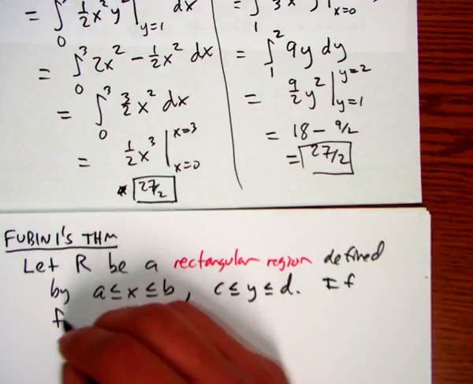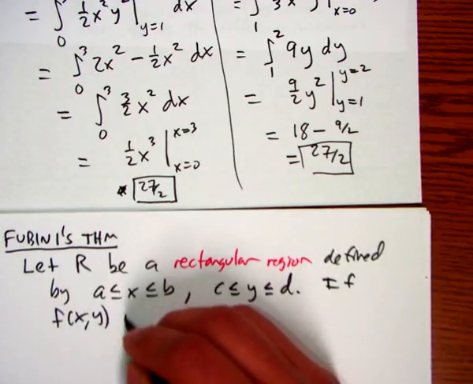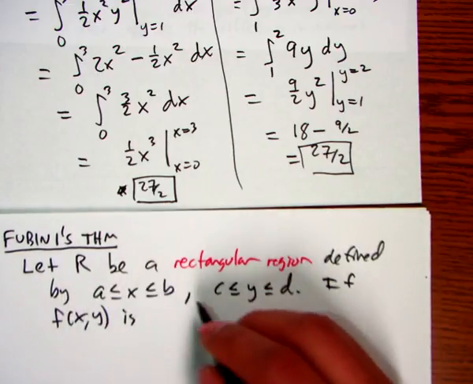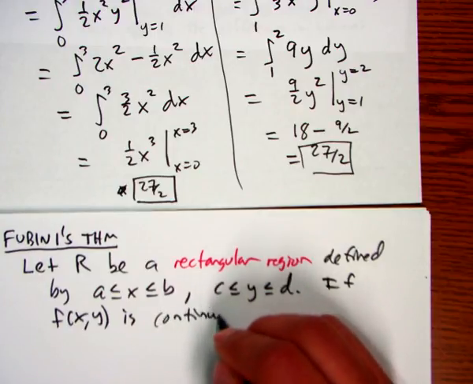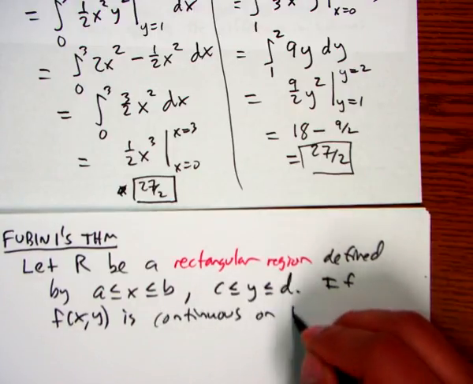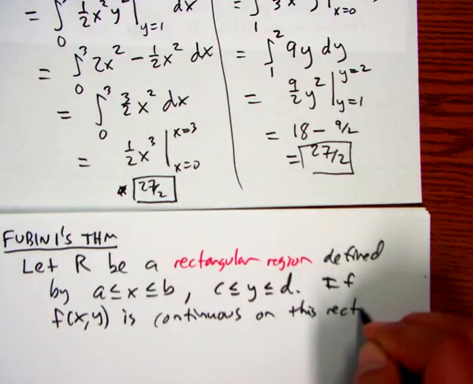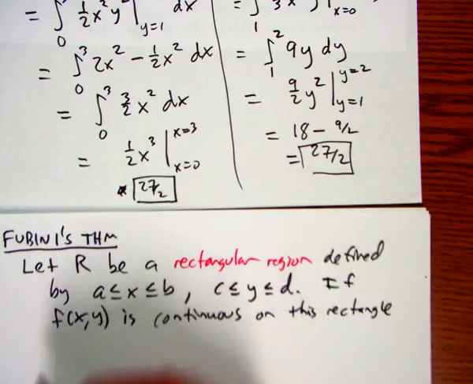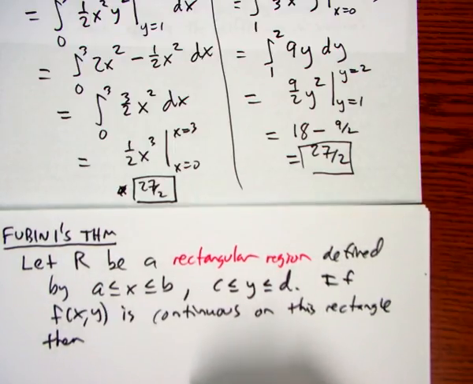If f of x, y is continuous on this rectangle, then the order of integration is interchangeable.